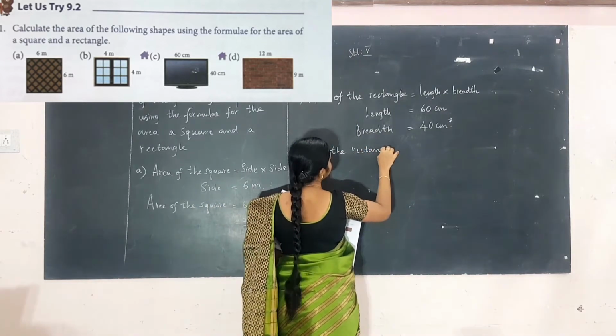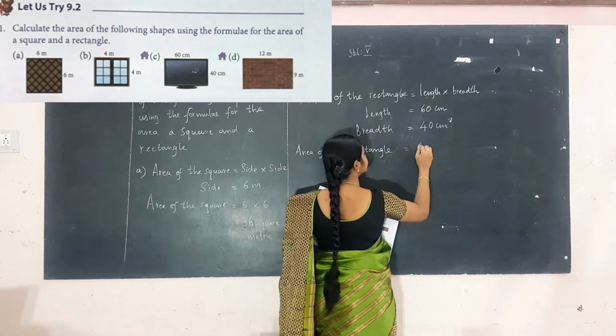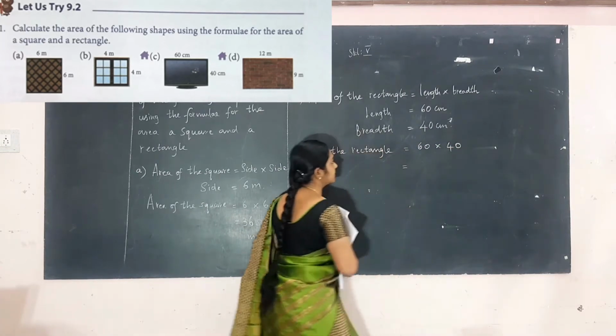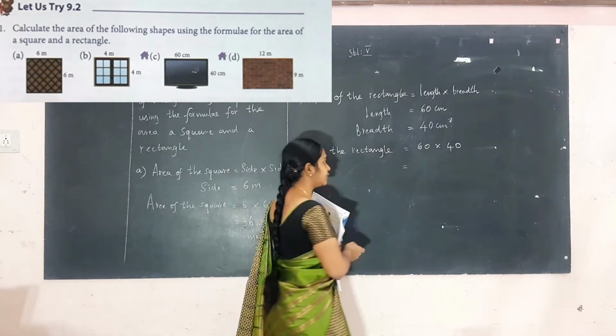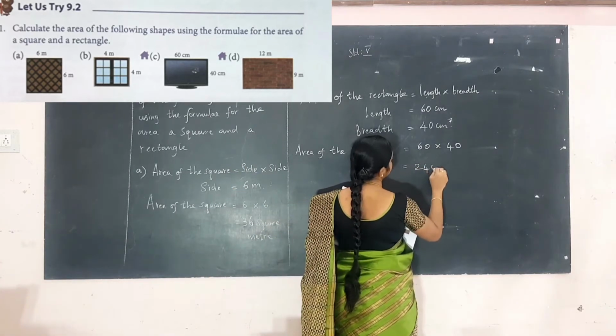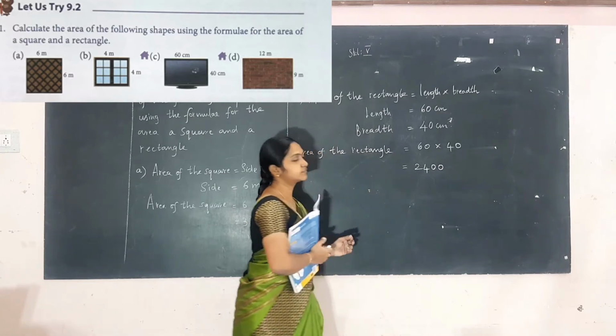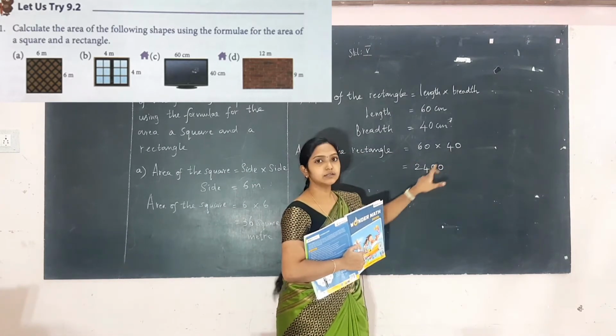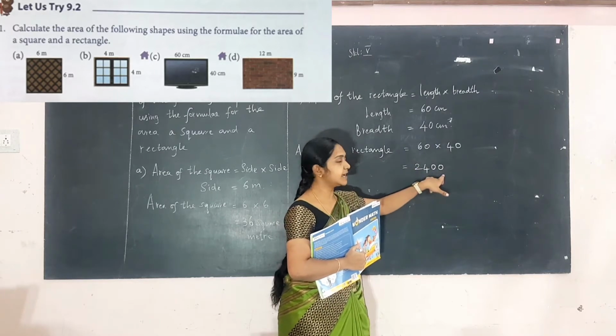So the area of the rectangle is equal to 60 into 40. 6 fours are 24 and finally we have to add 2 zeros.